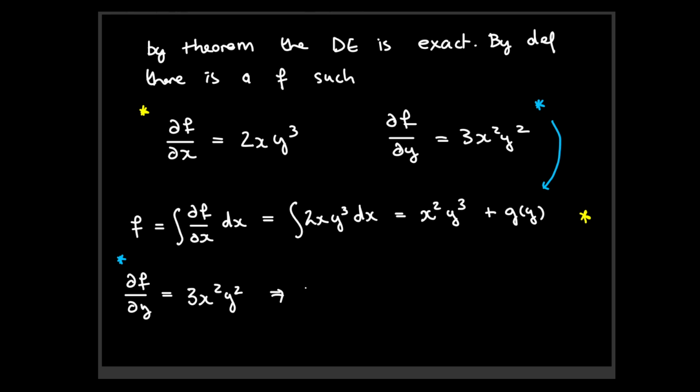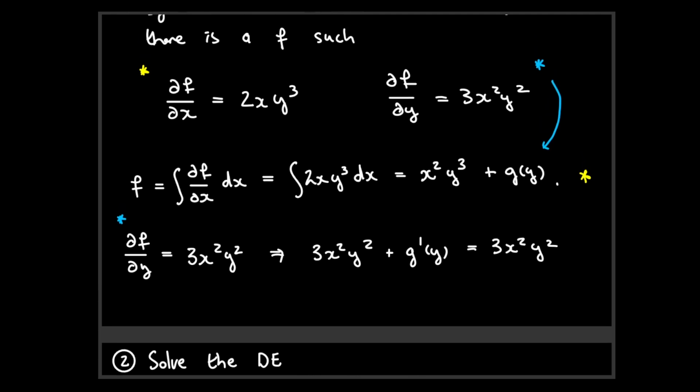So let's do that. We get 3x squared y squared from differentiating this term, and then plus g prime of y, because of course we're differentiating with respect to y now. And this should be equal to whatever's on the right-hand side, exactly 3x squared y squared.